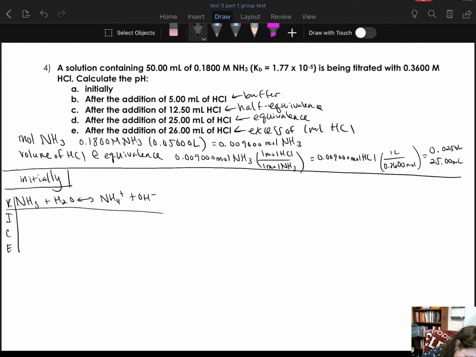Initially we have a concentration of 0.1800, and it dissociates like so. Now we can put this into our Kb expression.